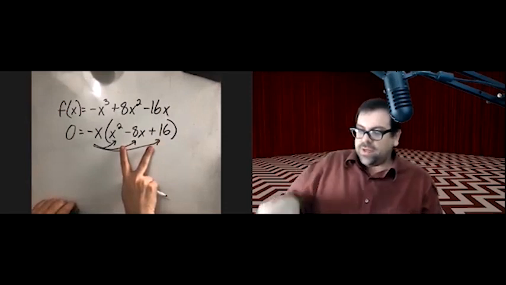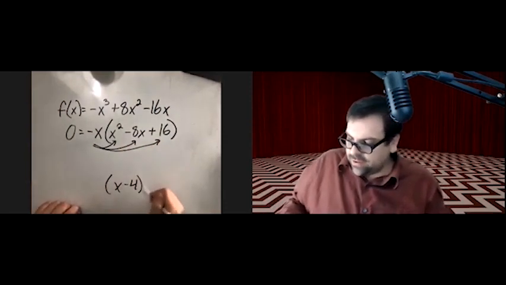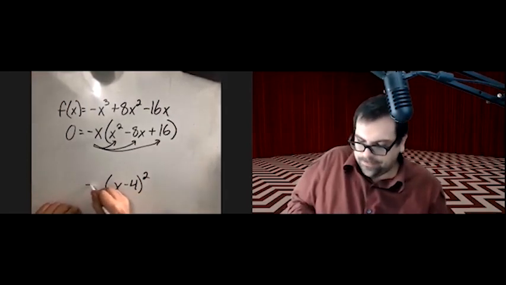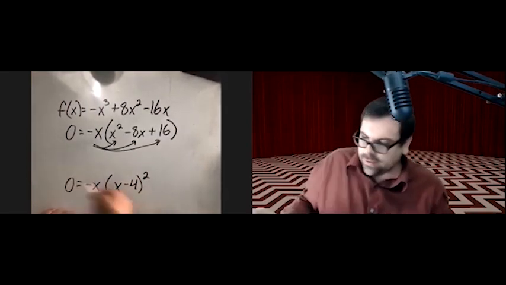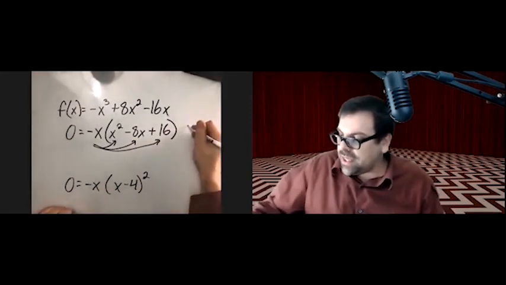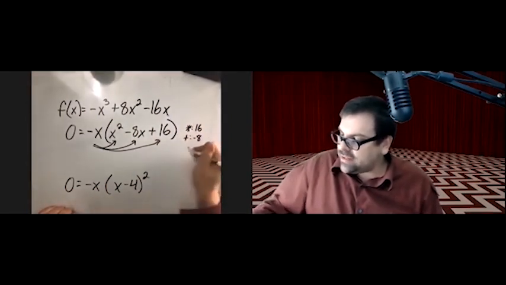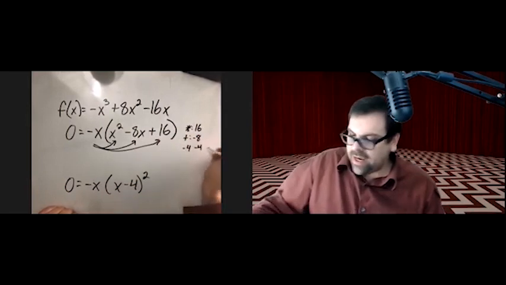You either have to recognize this as a perfect square trinomial, or you have to look for the two numbers that multiply to give us 16 and add to give us negative 8. That's negative 4 and negative 4.